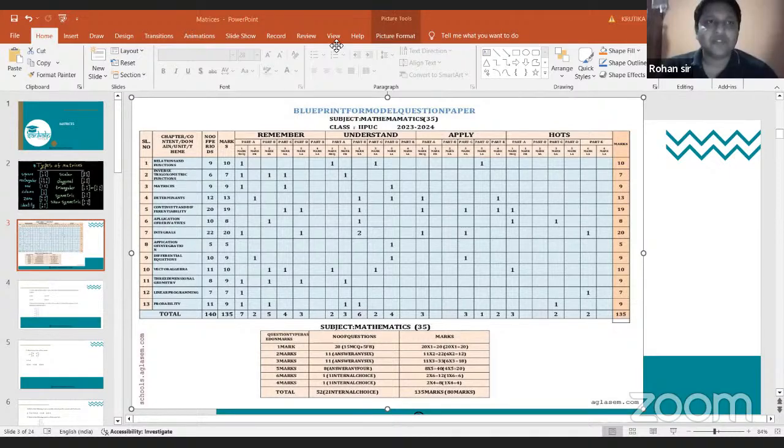Okay, so we will discuss in detail once again, and I will explain the strategy with which you can score at least 60 to 65 marks out of 80 if you attend the complete program. Whatever the 2 months program is scheduled, if you attend this, you will easily be able to attempt at least 65 to 70 marks out of 80.